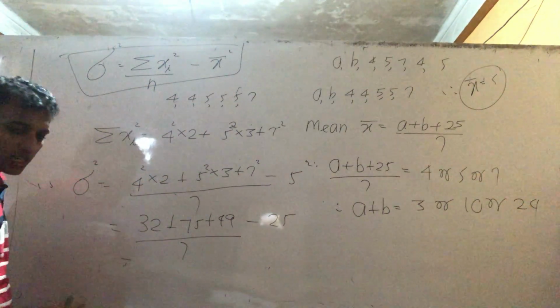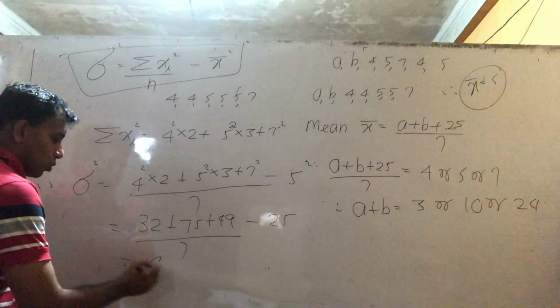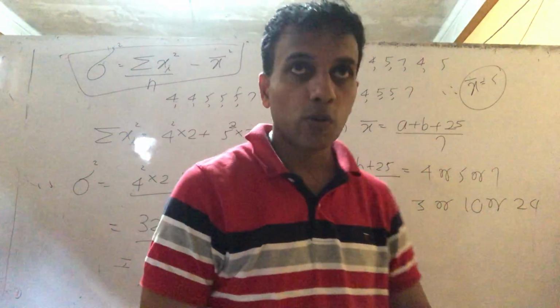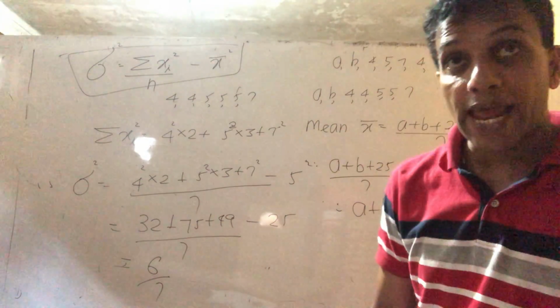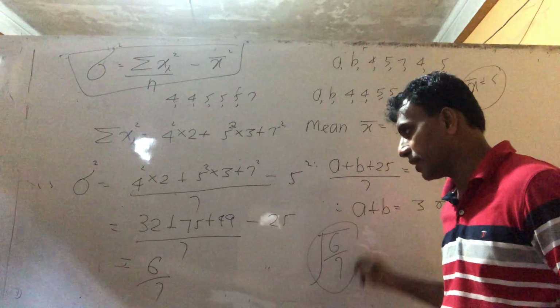The answer is given, I think: 6 over 7. The variance is 6 over 7. So what is the standard deviation? The square root of 6 over 7.